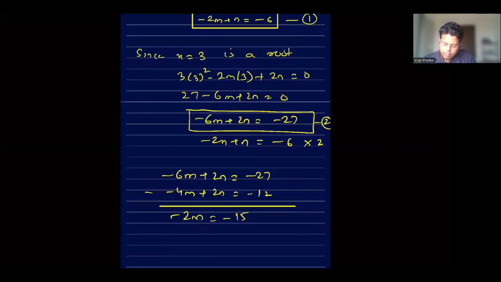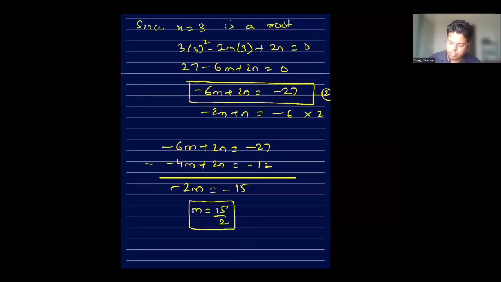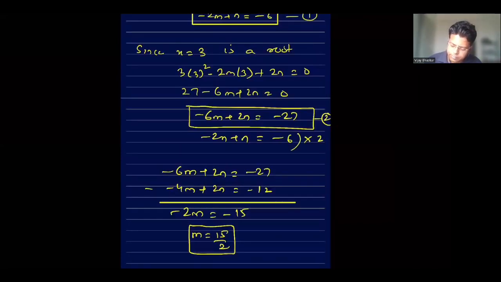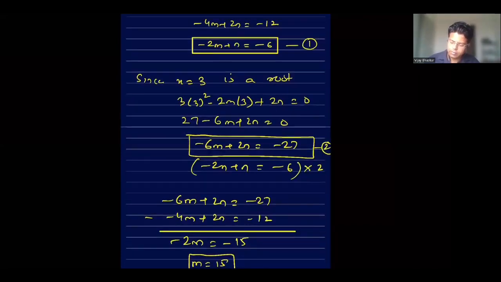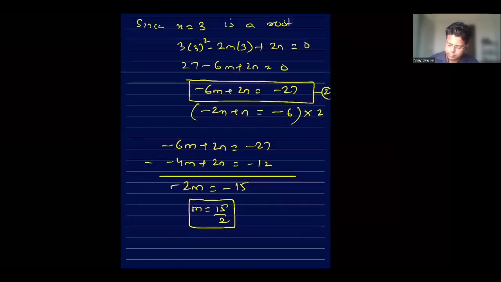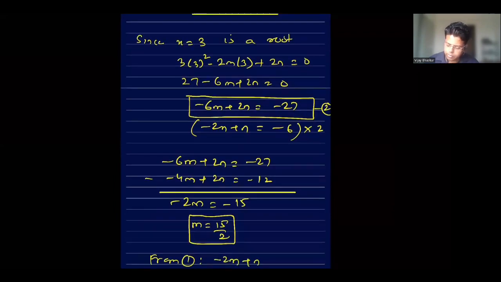M value is equal to 15 by 2. That is the answer. Similarly, we can find the n value by putting it back into either the first equation or the second equation. In the first equation, if we put it, minus 2m plus n is equal to minus 6.